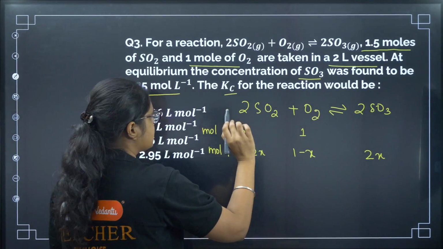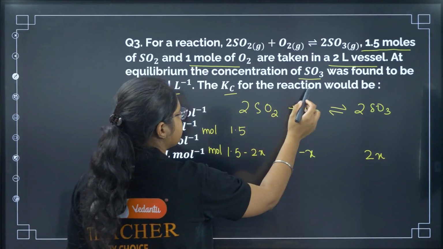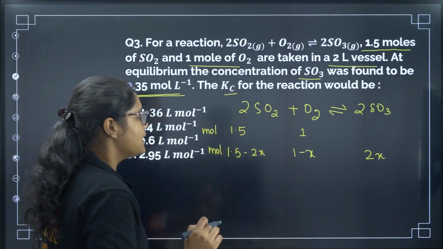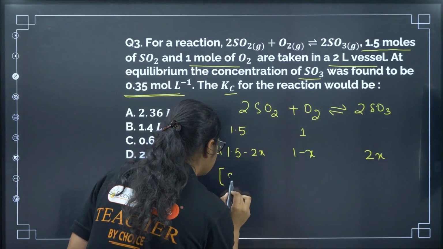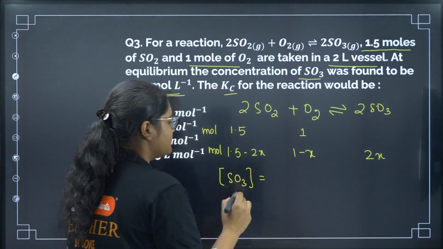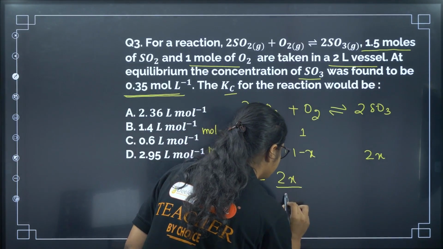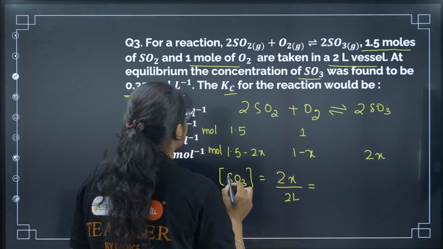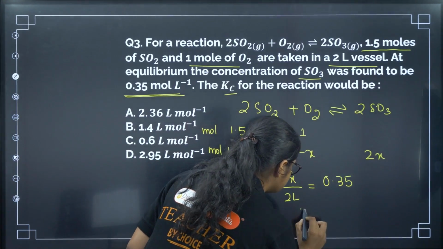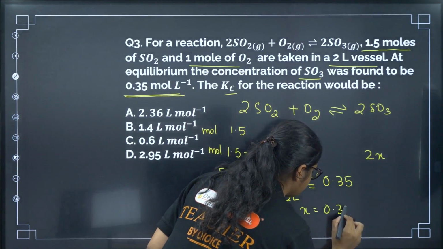Now, the question has given that the equilibrium concentration of SO3 was found to be 0.35 mole per liter. That means the concentration of SO3 will be the number of moles by volume. The number of moles is 2x and the volume is 2 liters, so this value is given as 0.35. So the x value is 0.35.